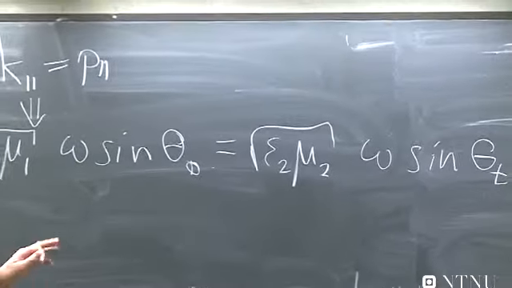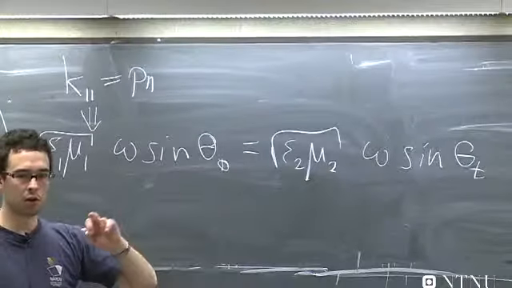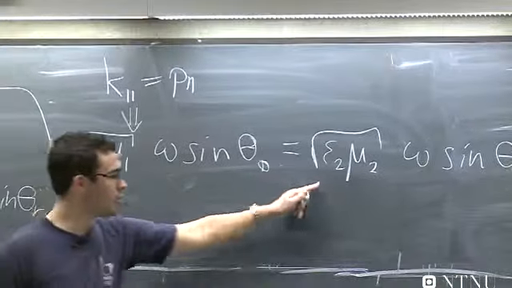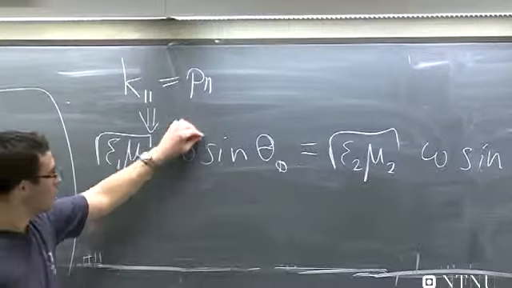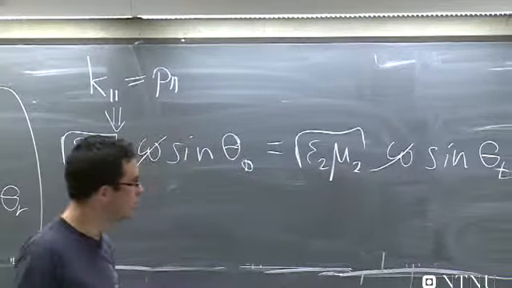And now you see that the sines can't be the same because the epsilons are not the same in general. Omega is the same.